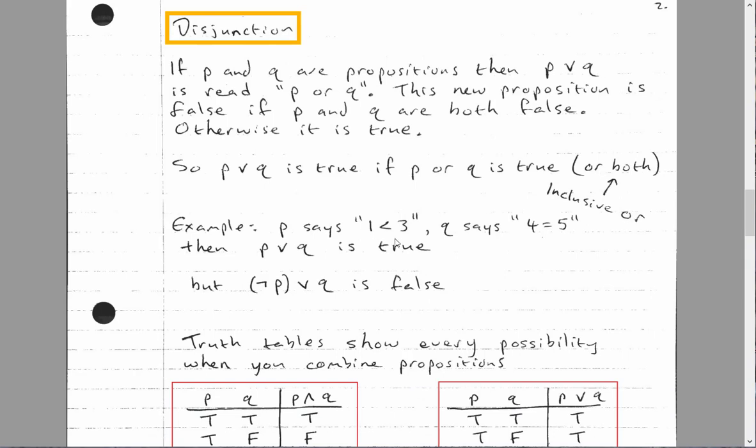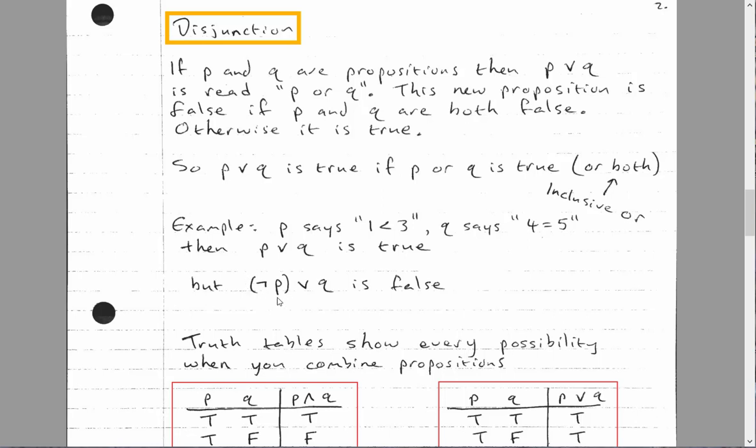So for the same P and Q as before, P saying 1 is less than 3, Q saying 4 equals 5, then the disjunction P or Q is true. One of these is true, the first one, so P or Q is true. But you can make a different construction.